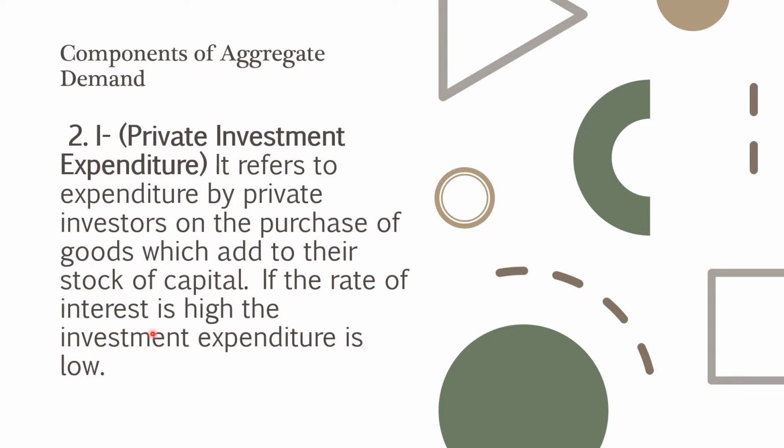If the rate of interest is high, the investment expenditure is low, and vice versa: if the rate of interest is low, the investment expenditure is high. So this component of aggregate demand depends more on the rate of interest.